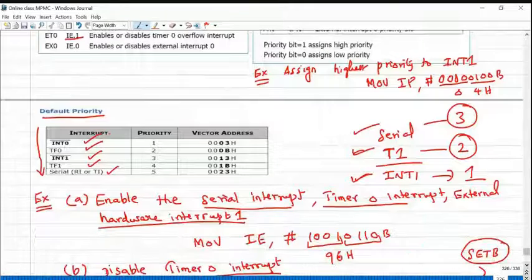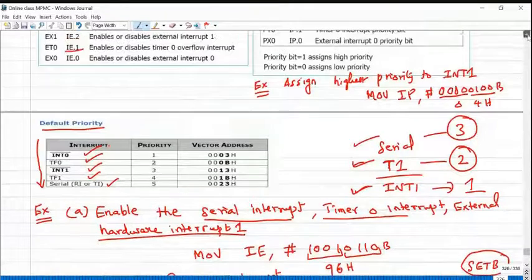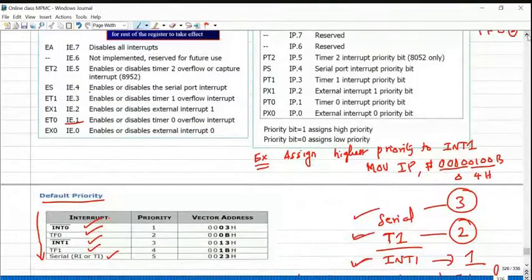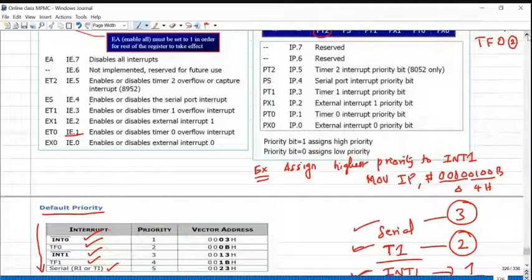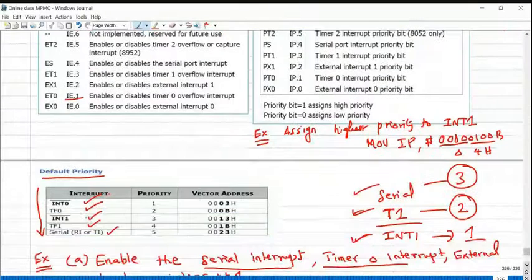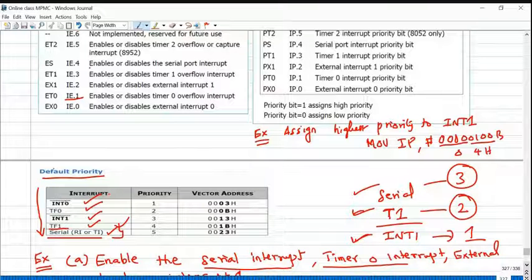Remaining two are 4 and 5. What interrupts are missing here? INT0, INT1, TF0 are covered. Then TF1 is the next priority and the serial port is the next. The rest follow this default priority order.